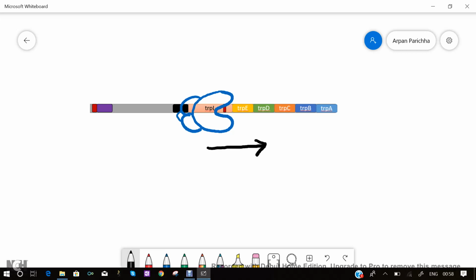Now what happens is the newly formed mRNA is produced. The initial part of that is known as the leader mRNA. Now it would move forward.